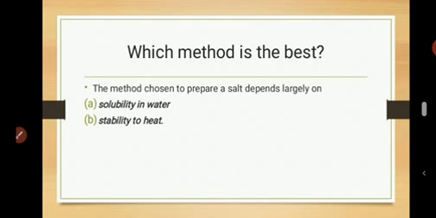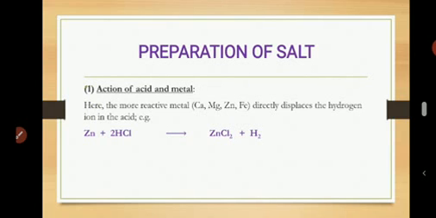That is the importance of the solubility rule that we just finished learning. The way you prepare sodium chloride cannot be the way you are going to prepare copper(II) carbonate, because one is soluble, one is insoluble. So the solubility of the salt in water is a very important factor for you to know which method you will use to prepare a salt.